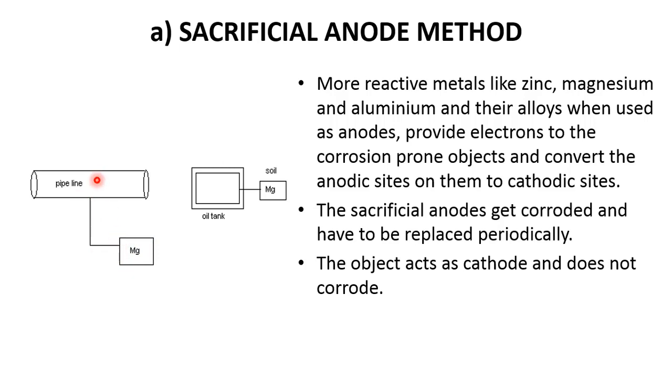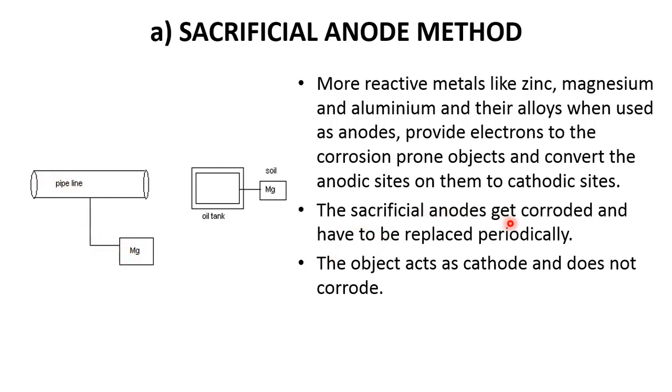Since two different metals are in contact with one another, magnesium comes above in the electrochemical series or the galvanic series, and iron comes below. Hence, magnesium will act as an anode and it will provide the electrons to the corrosion undergoing iron pipeline by making the entire iron pipeline act as a cathode. Here the magnesium is sacrificing itself in order to protect the iron pipeline.